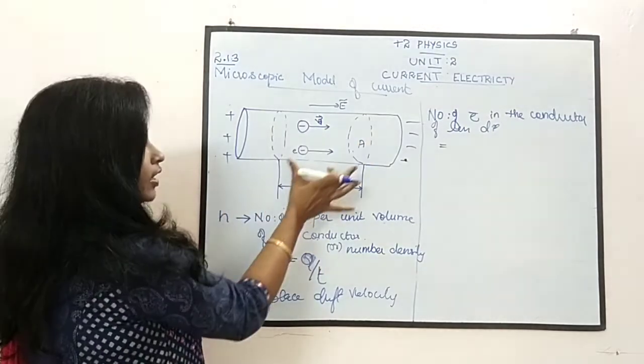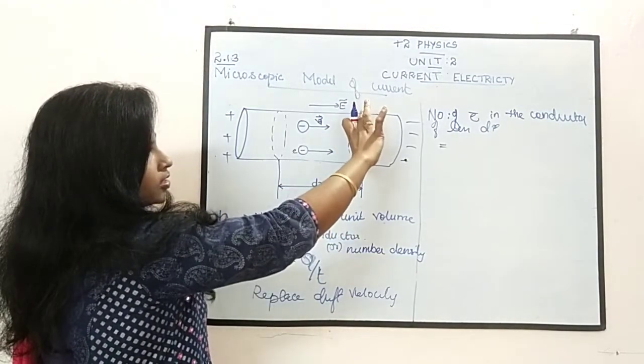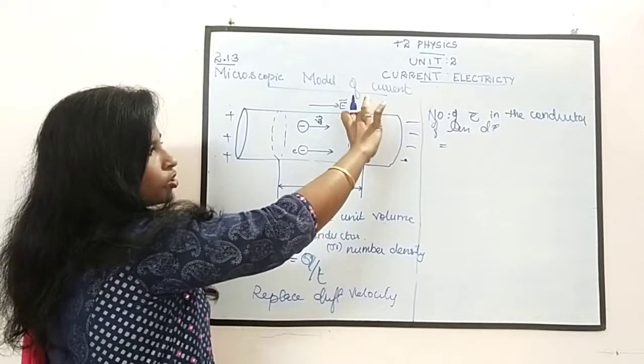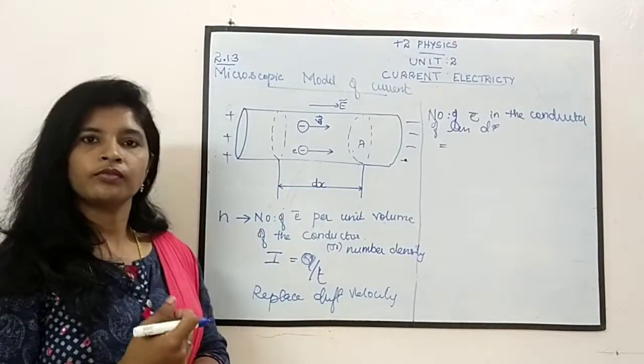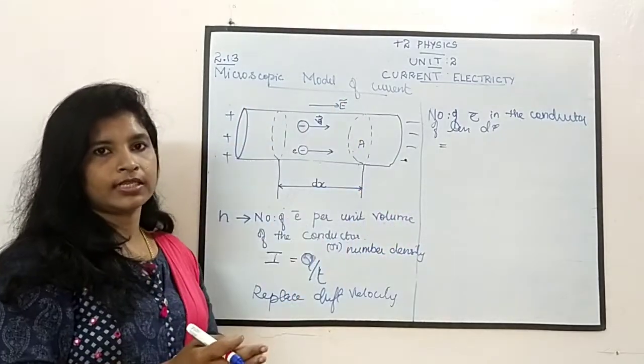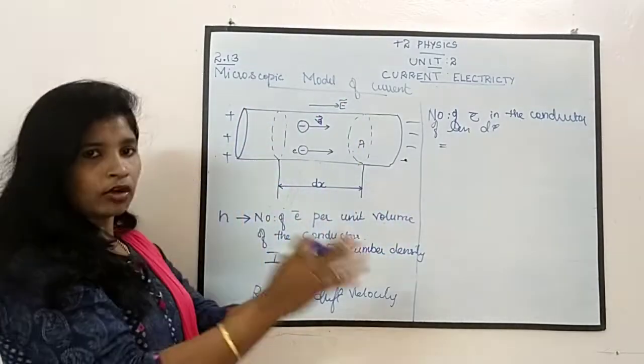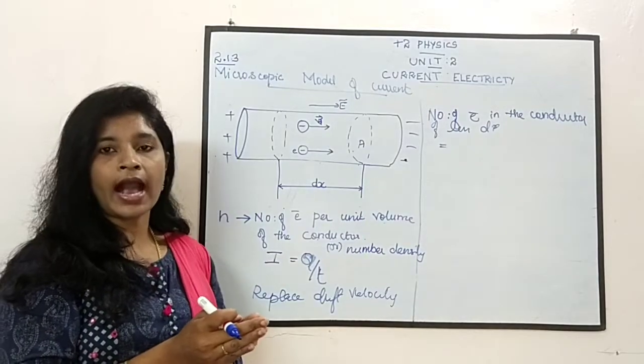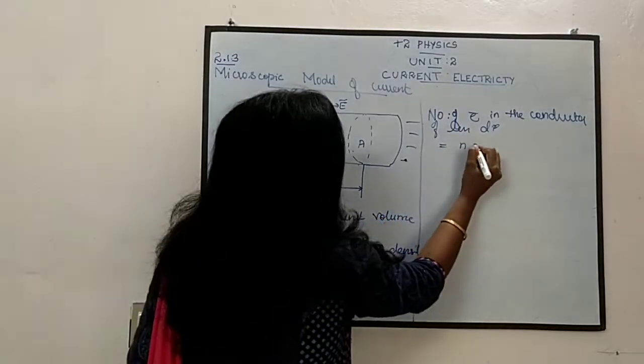It will have a length and an area A, right? So area into length is the volume. How many electrons are there in that volume? What is the formula we have to write? N into volume.